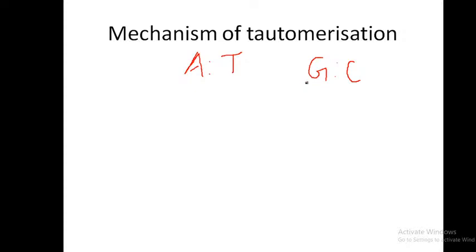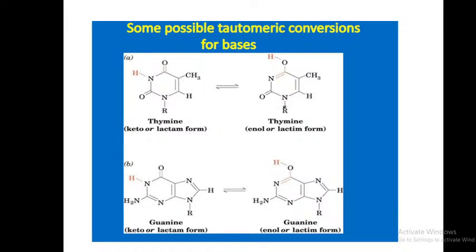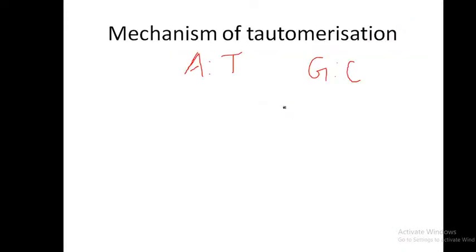And as a result of tautomerization, as we have seen in the previous slide, there is a slight change in the structure of adenine. Normally adenine pairs with thymine.